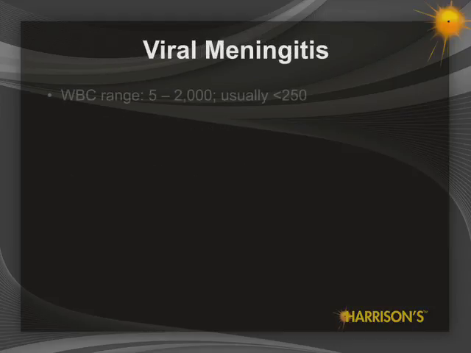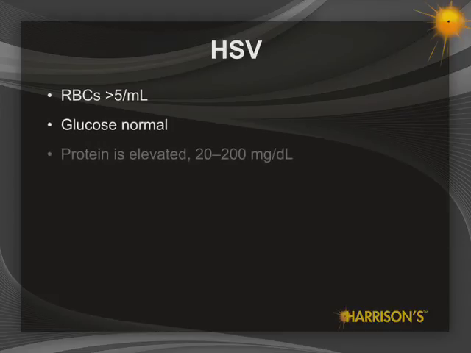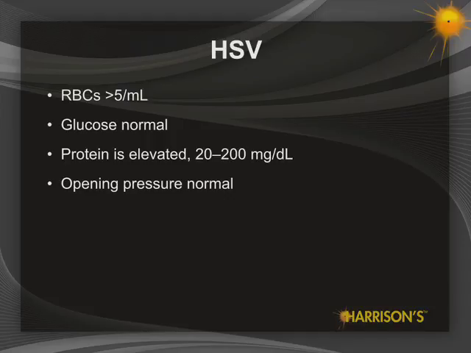Viral meningitis has white blood cells from 5 to 2,000, but usually less than 250, with a lymphocytic predominance, but may initially have a neutrophil predominance. HSV may also have red blood cells greater than 5 per milliliter. Glucose is often normal, and protein is elevated to 20 to 200 milligrams per deciliter. Opening pressure is likely to be normal.